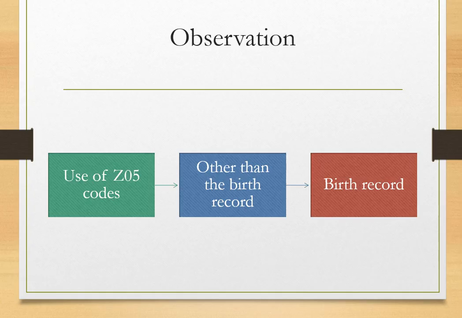Okay, next up, observation and evaluation of newborns for suspected conditions not found. Very important. First up, Z05 codes. These are for observation and evaluation.